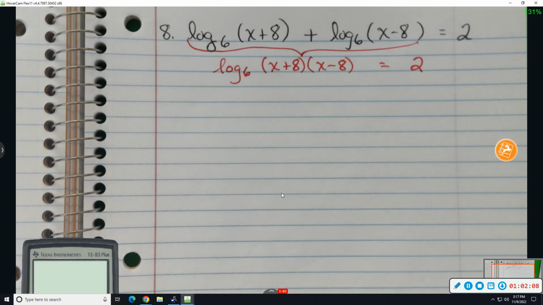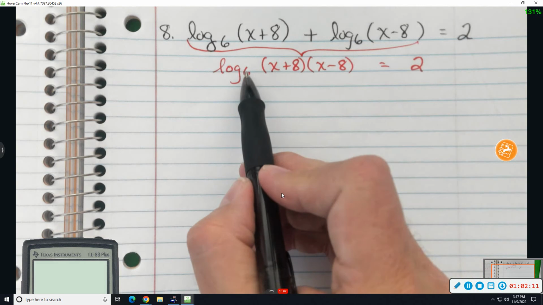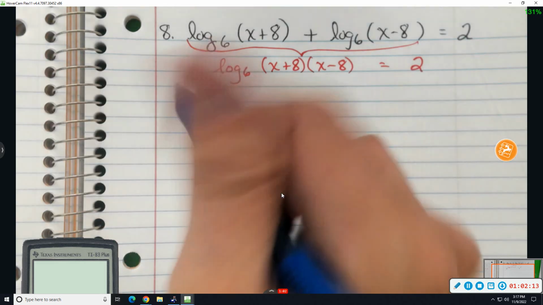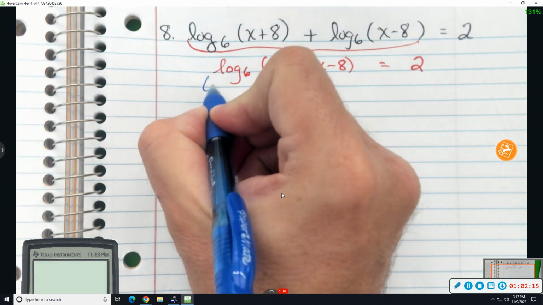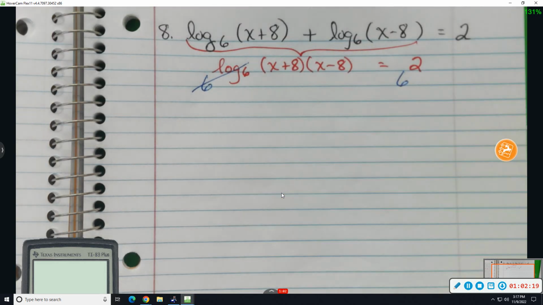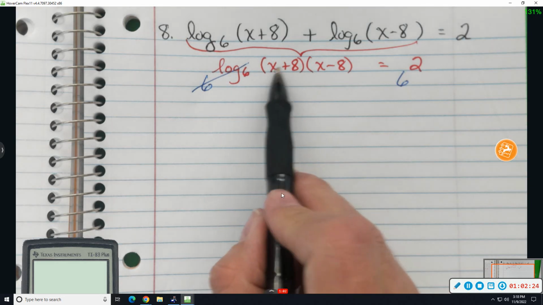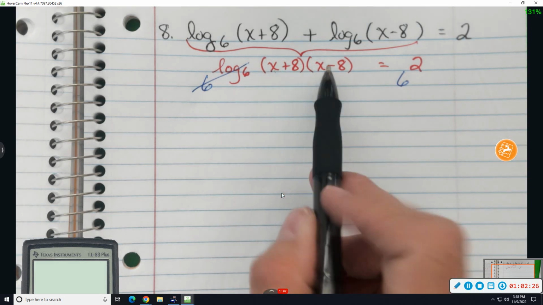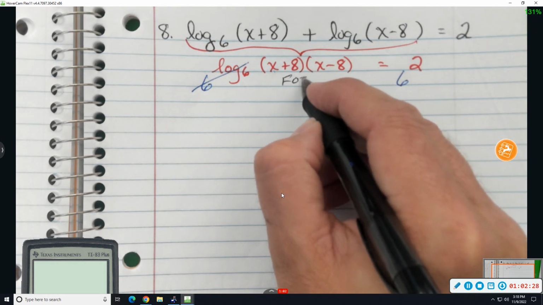Now let's cancel out that log base 6 by putting what number right here? That's 6. And here this x plus 8 times x minus 8. Go ahead and FOIL that out right now.